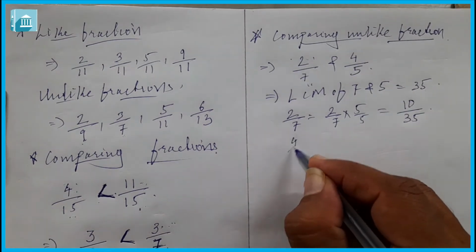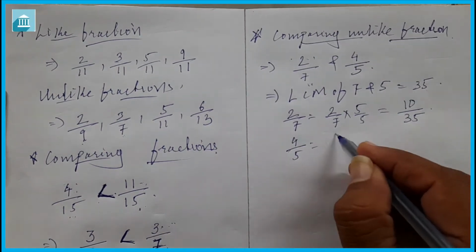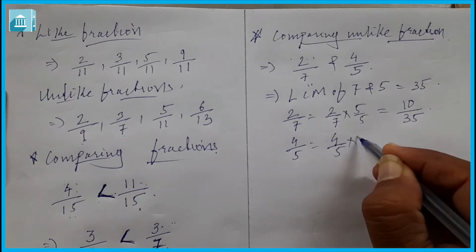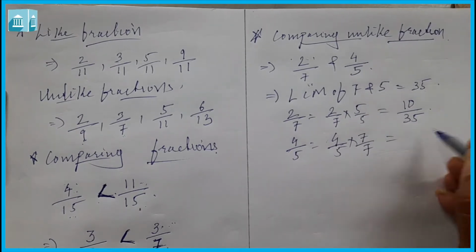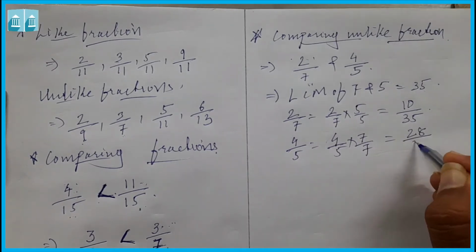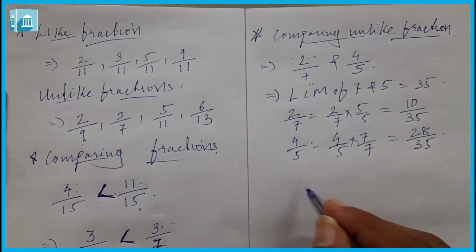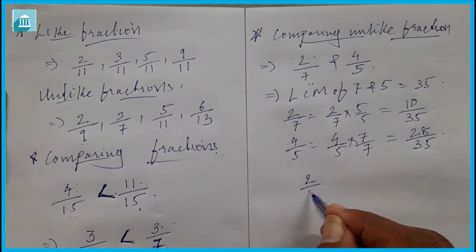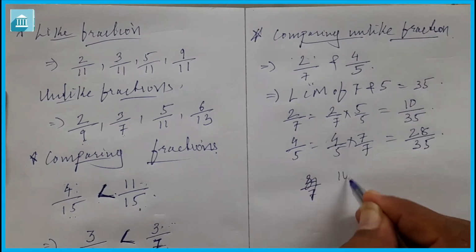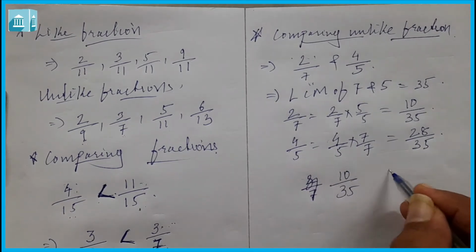In the same way, 4 by 5 is equal to 4 by 5 into 7 upon 7, which is equal to 28 upon 35.